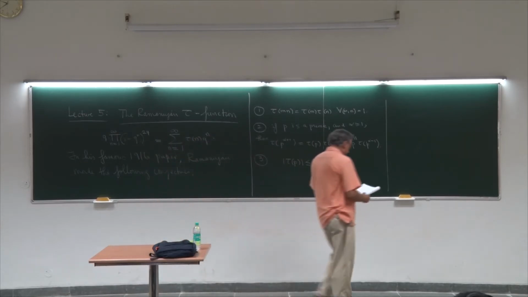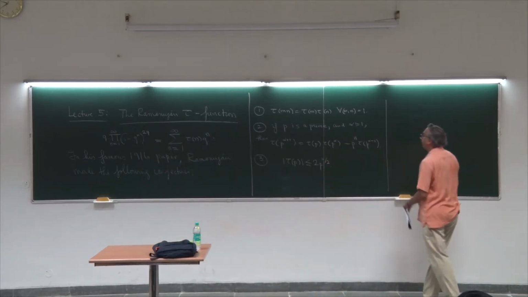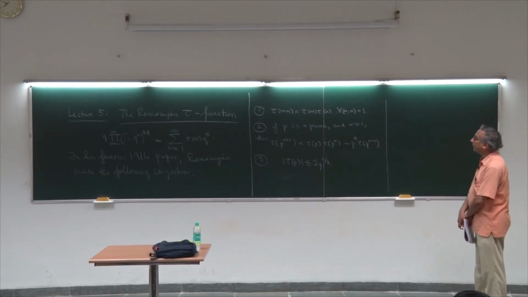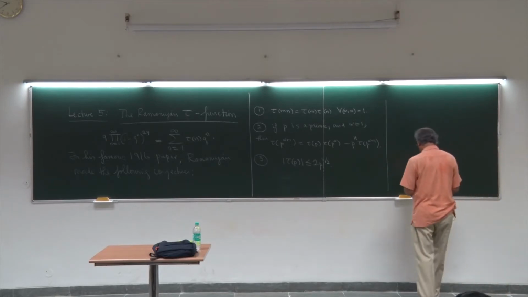Now, in the same paper, Ramanujan was trying to impress upon the reader why the tau function was important. So he gets a formula.